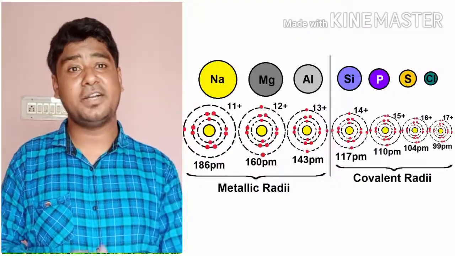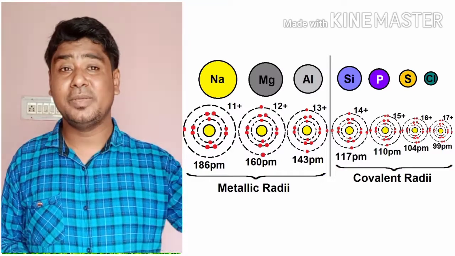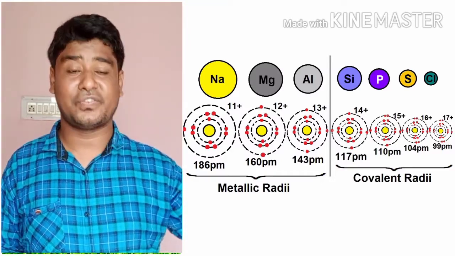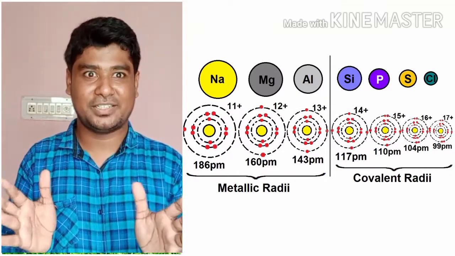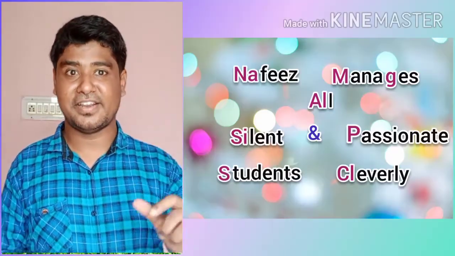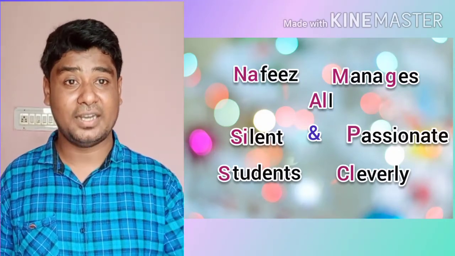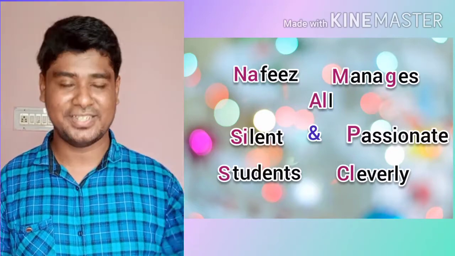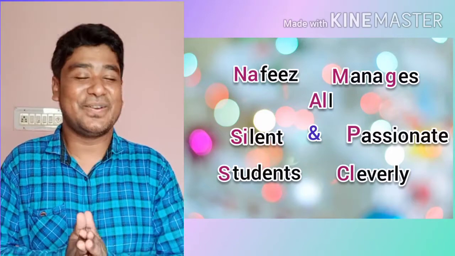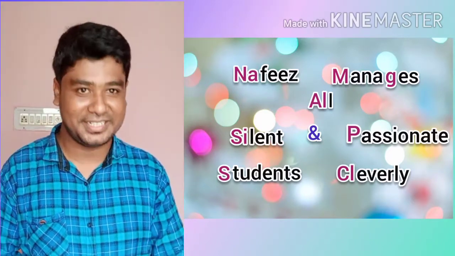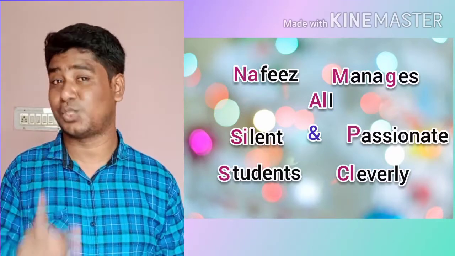Then the third period, which consists of sodium, magnesium, aluminium, silicon, phosphorus, sulfur and chlorine. This I made as: Nafeez manages all silent and passionate students cleverly. It's about me, so don't mind. Just to remember, I made it, taking my name. So Nafeez, Na stands for sodium.